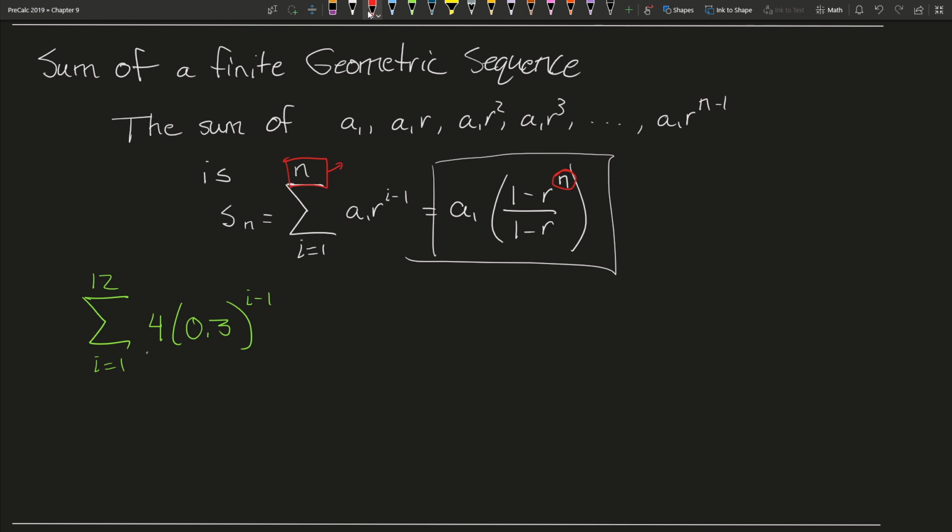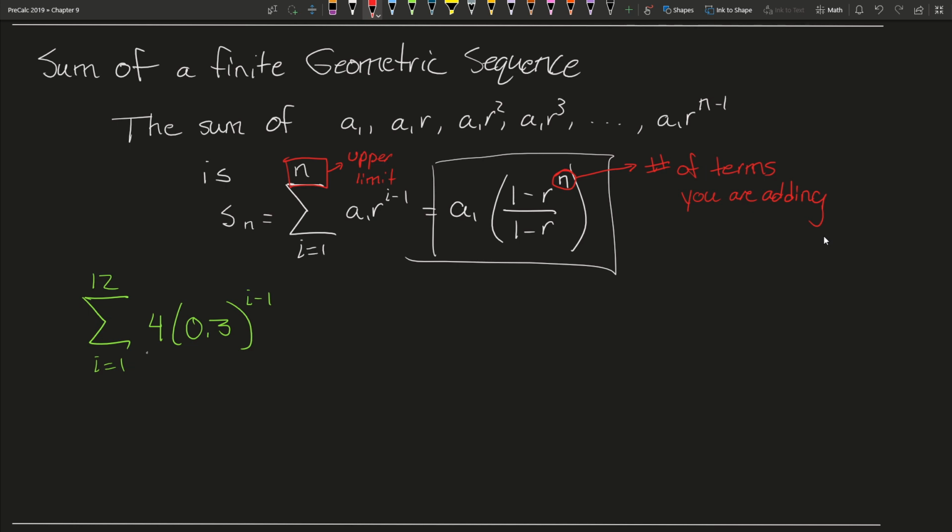This n is your upper limit, it's when you stop summing. This n, though, isn't necessarily your upper limit. It's the number of terms you are summing together. So there is a difference there. The n in your equation is the number of things you're actually adding together.